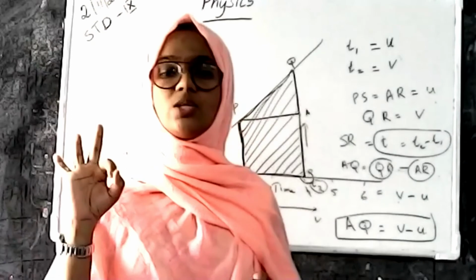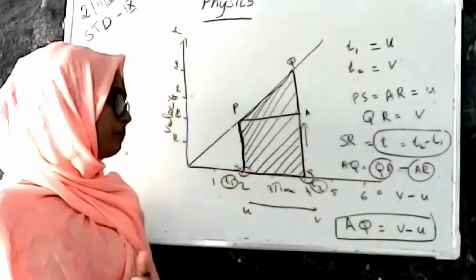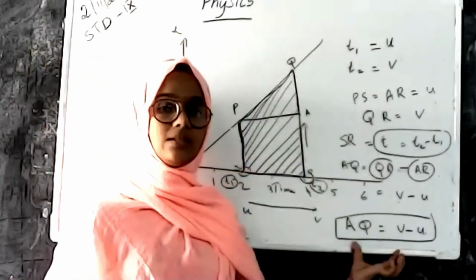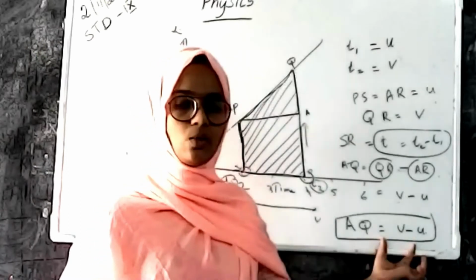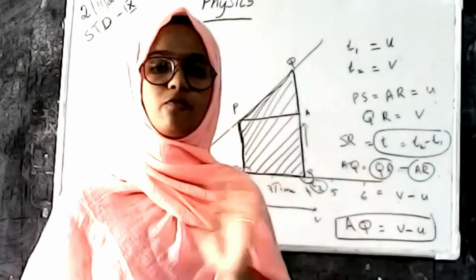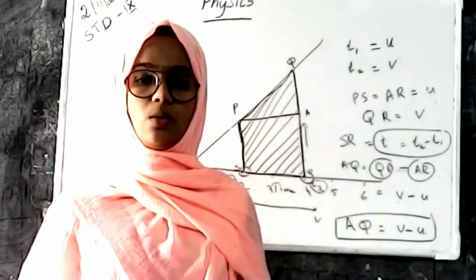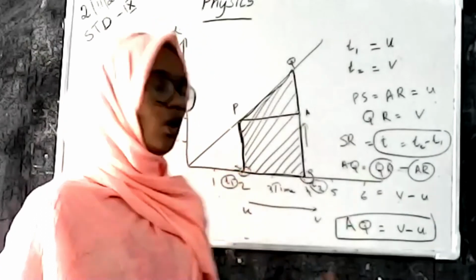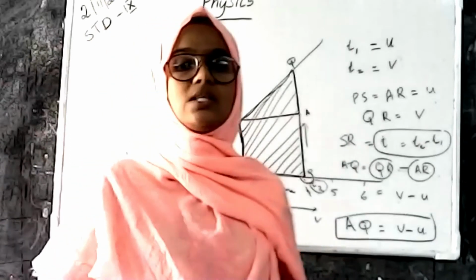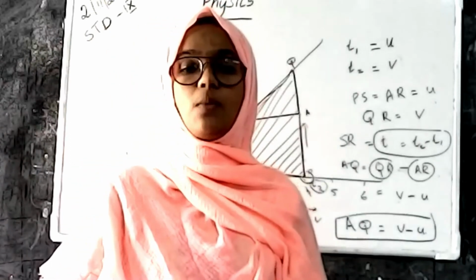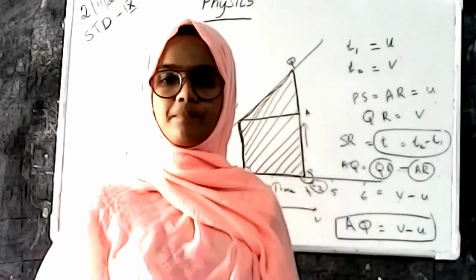There are 3 equations of motion, and the basic derivation common to all of them is AQ is equal to V minus U. We use this relation in all of these equations. So I think all of you understand the basic equation needed to find the equations of motion: AQ is equal to V minus U.